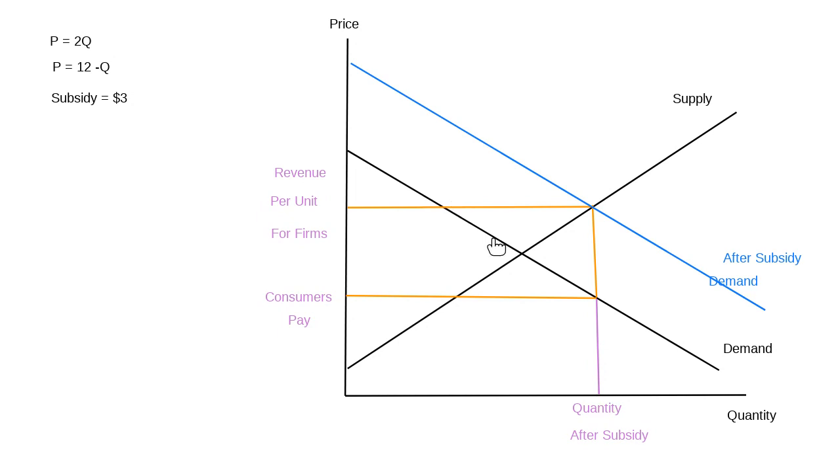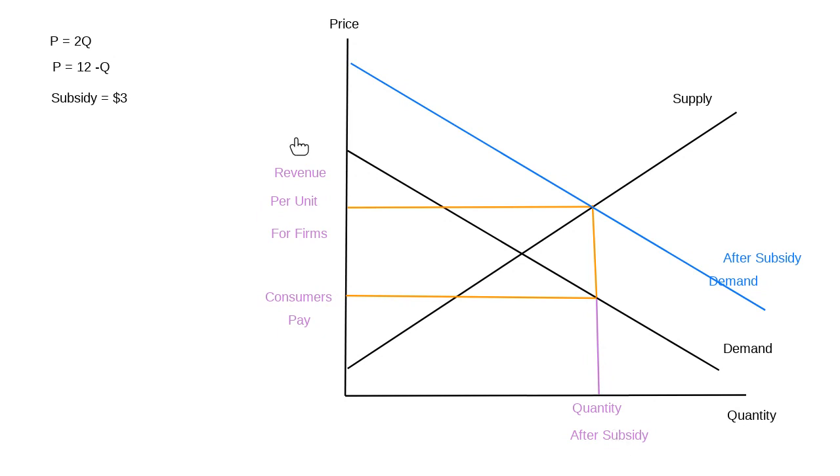So now what we do is we find where we intersect with the supply curve and the after-subsidy demand. And that's here, this point. And what does that give us? Revenue per unit for firms and the quantity after the subsidy.